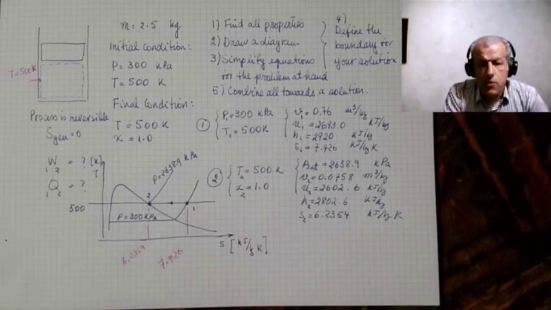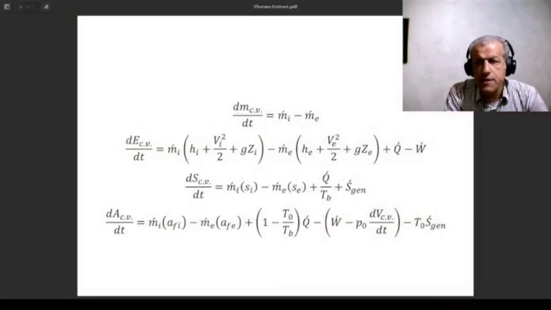Our equations, where are our equations? These are our equations. dm_CV by dt is m dot i minus m dot e. Now, the problem has a certain initial and a final position, and therefore we may integrate it between initial and final conditions.